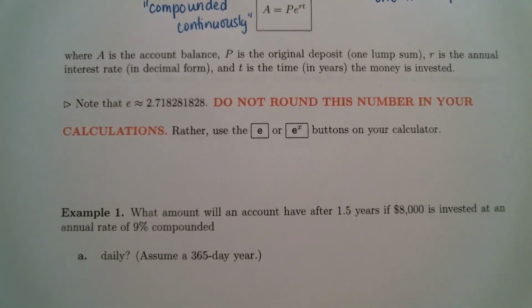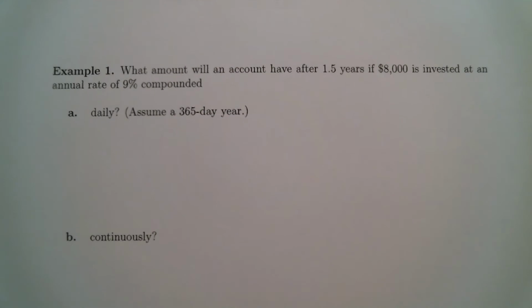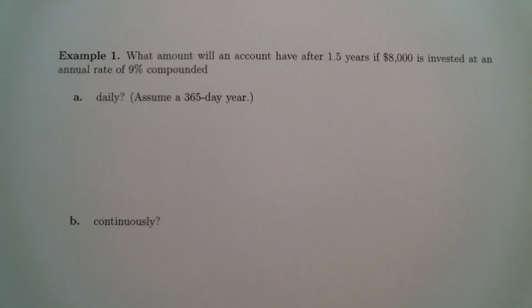All right, so here's an example of a problem that is going to use continuous compound interest. Just like we always do, we will talk about why we're using the formula we're using, and then we'll identify the variables and the unknown, then plug and chug and solve our problem, okay? Example 1 has 2 parts.